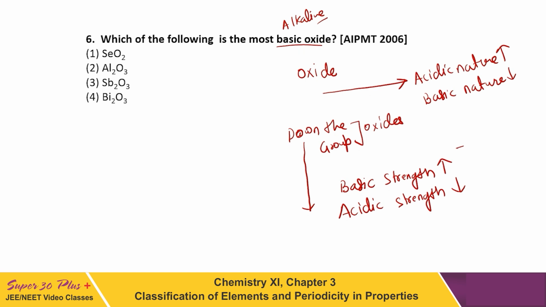So here we go. Basic strength increases, acidic strength decreases. So down the group, maximum basic character is there. That is why the right answer is Bi2O3, bismuth oxide. This is the right answer. This is the most basic oxide in this question.